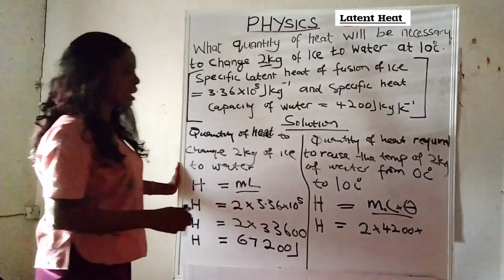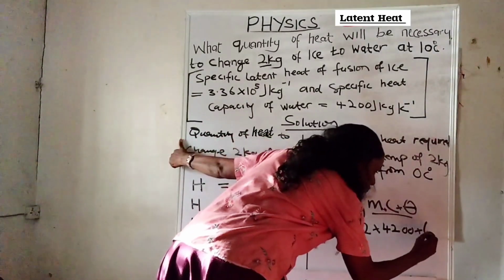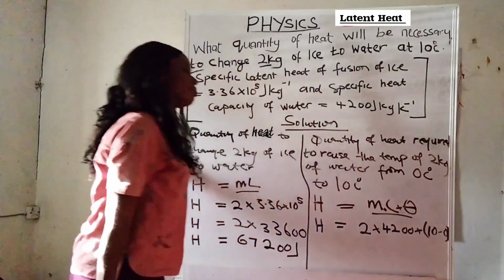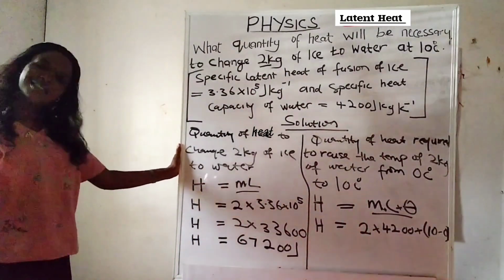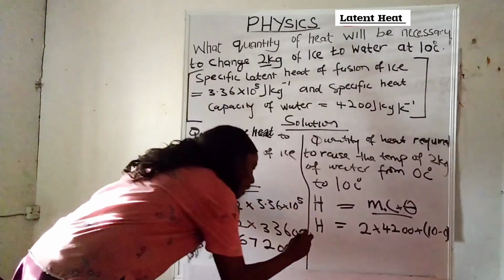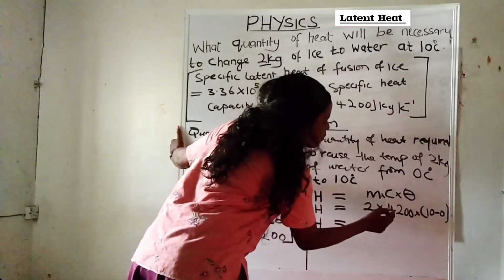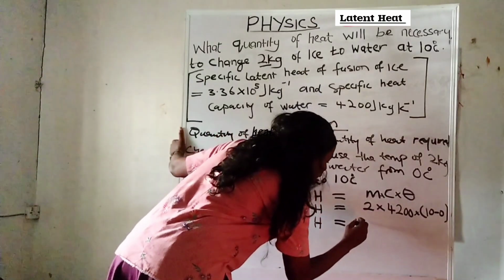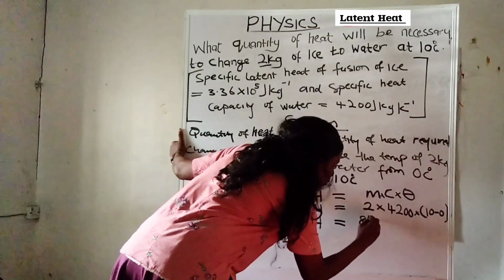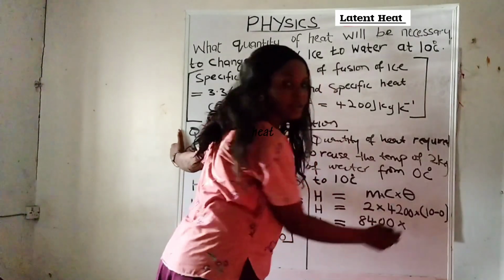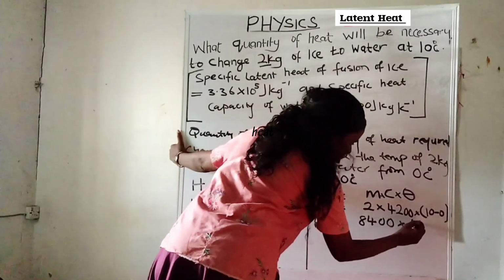So I write it now: 10 minus 0, theta 2 minus theta 1. If I evaluate, I have H equals 2 times 4200, which gives us 8400, times 10 minus 0, which is 10.